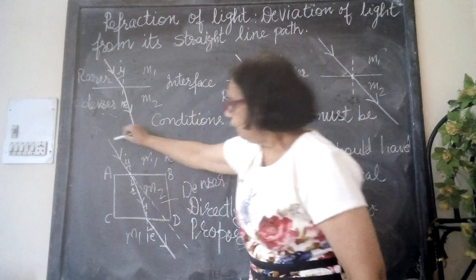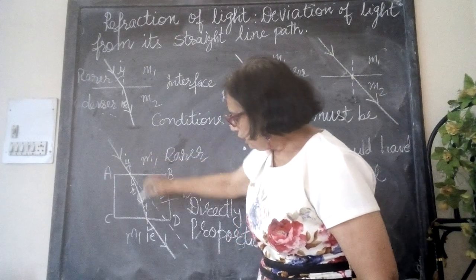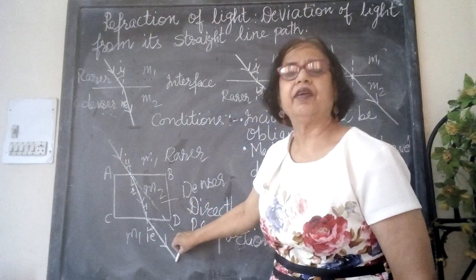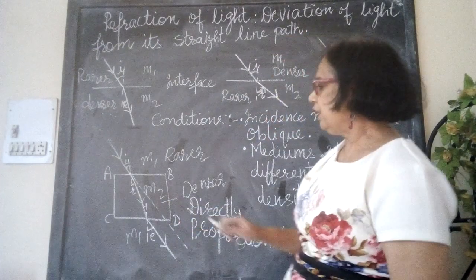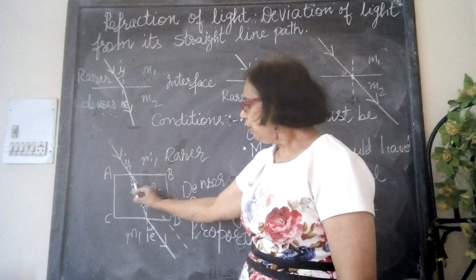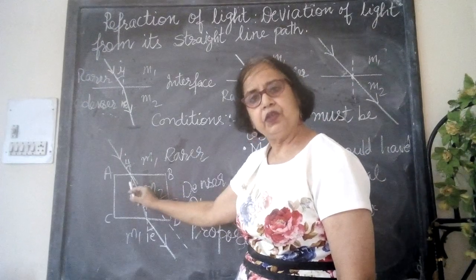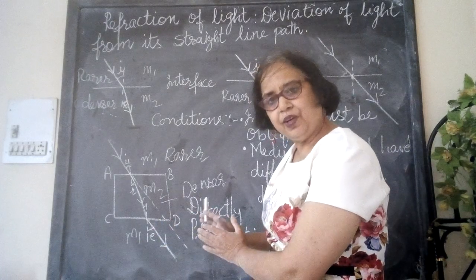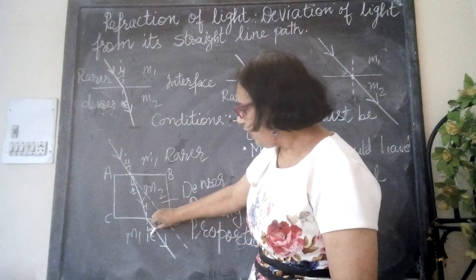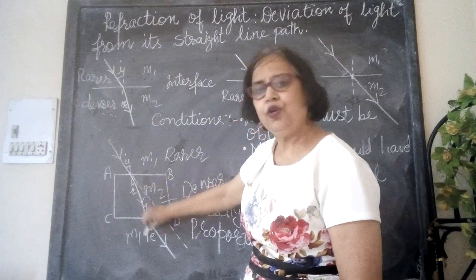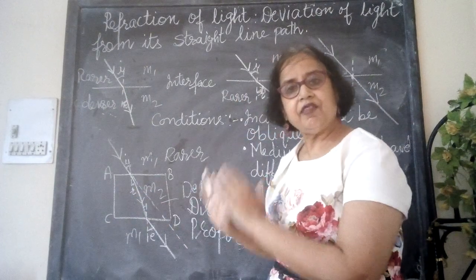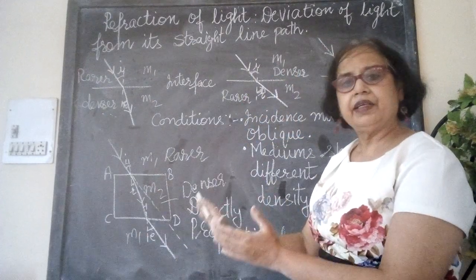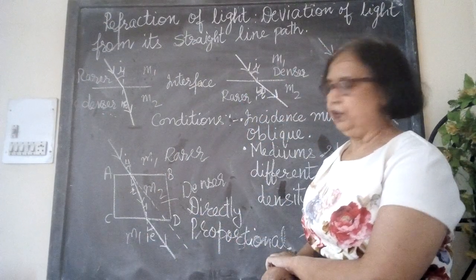This is the incident ray, then this is the refracted ray and then this is the emergent ray. Now you see M1 to M2 deviated by an angle towards the normal. M2 to M1 deviated by an angle away from the normal. Now this angle will be equal to this angle, because by the amount it deviated towards the normal, by the same amount it deviated away from the normal.